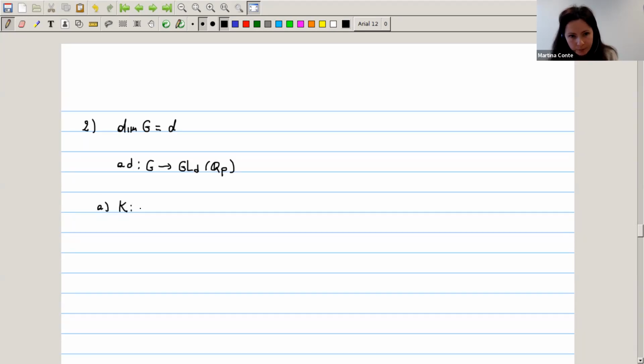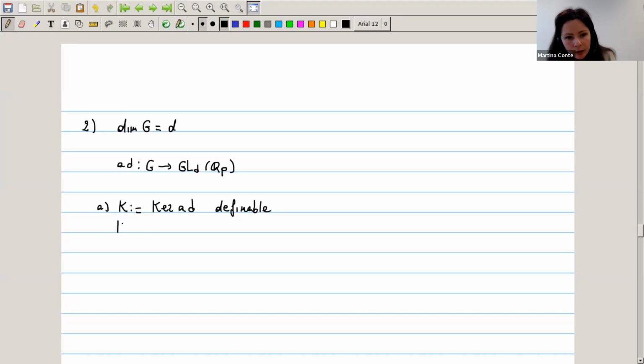Let's say K is the kernel of the adjoint representation. This is actually definable because this will be the centralizer of a uniform subgroup of G. So similarly to the center, also the centralizer is definable, and so we can talk about this subgroup.